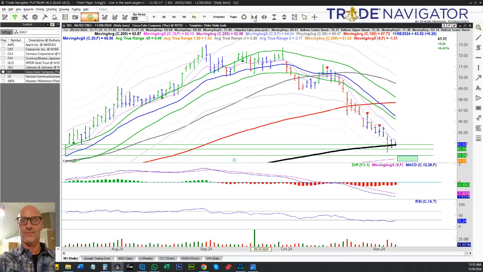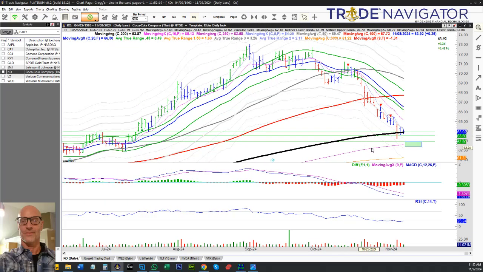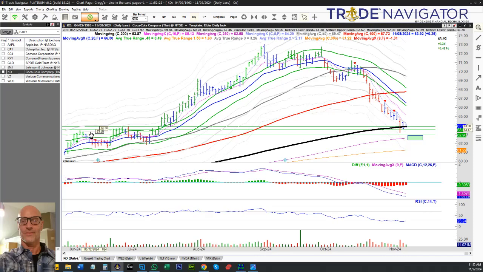But the important level here on Coca-Cola, there's an old saying, if you break out of resistance, that resistance now becomes support. Well, this was back in June. We had this resistance. We broke out of that resistance. Now there will be some support at the previous resistance, which is now support.